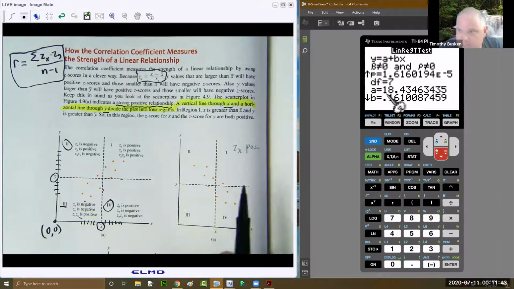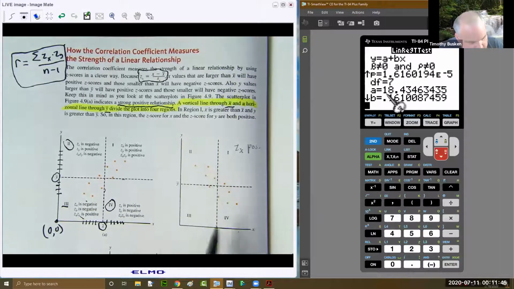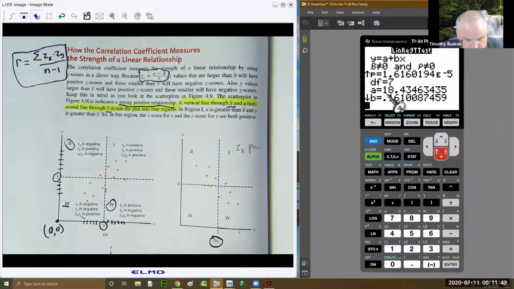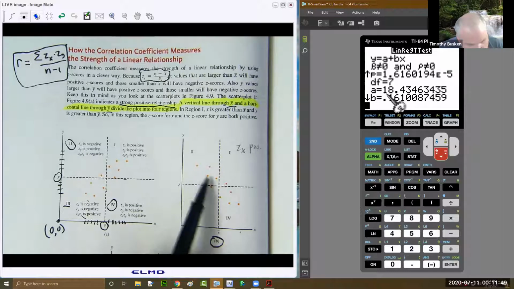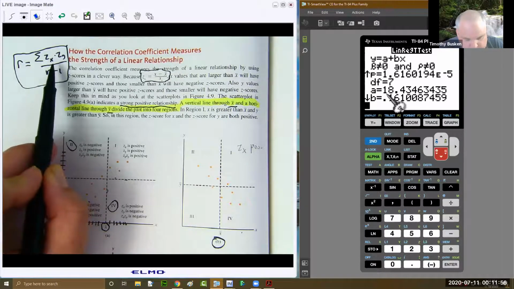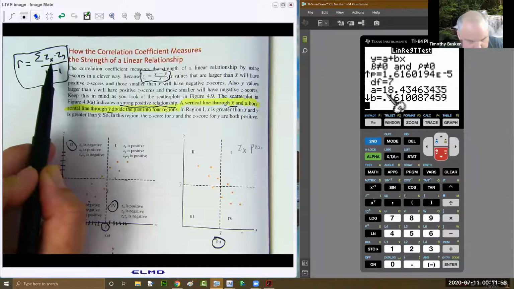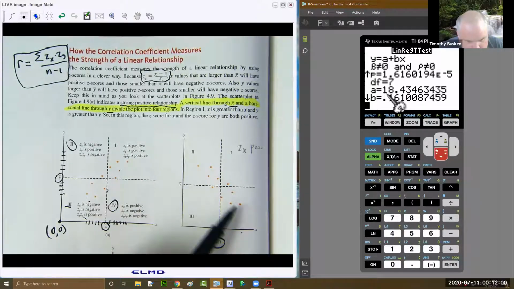So you can use similar reasoning on figure B over here, which exhibits a strong negative linear relationship, and it implies that this sum in the numerator will be a relatively large negative number.